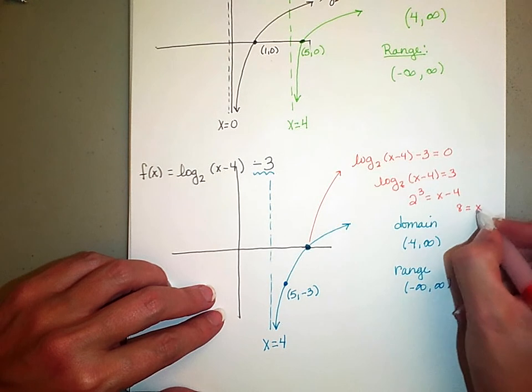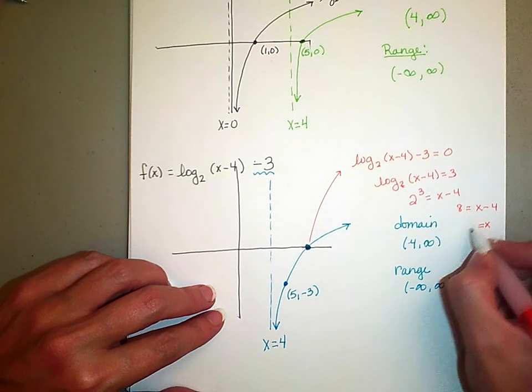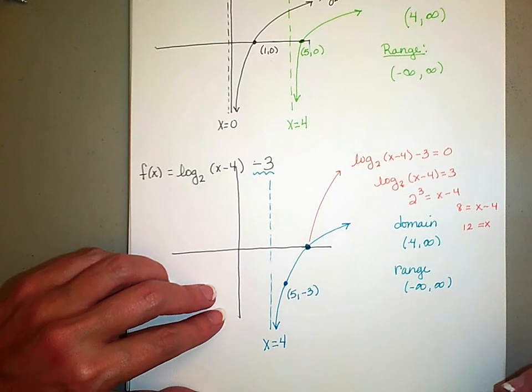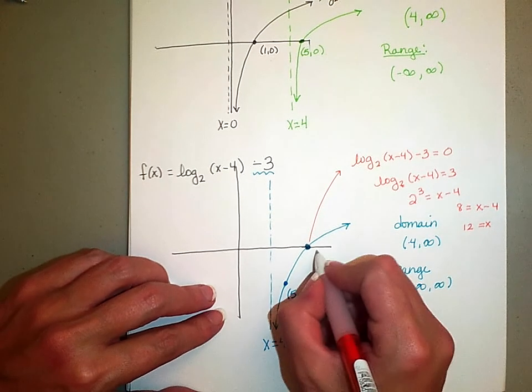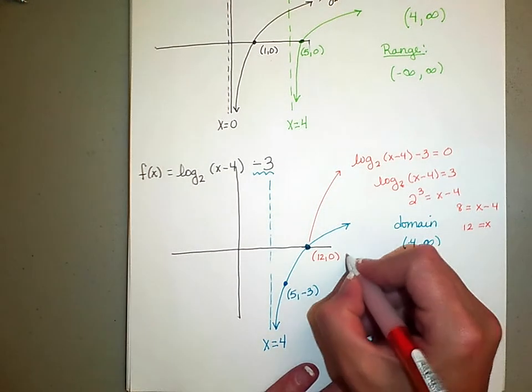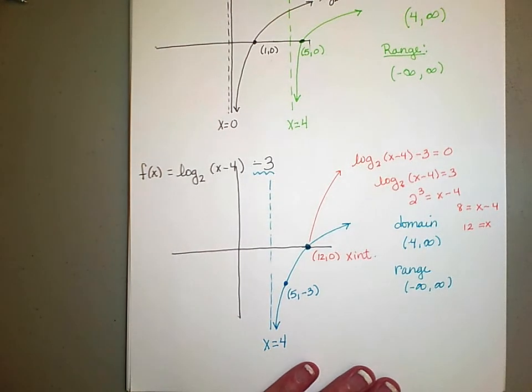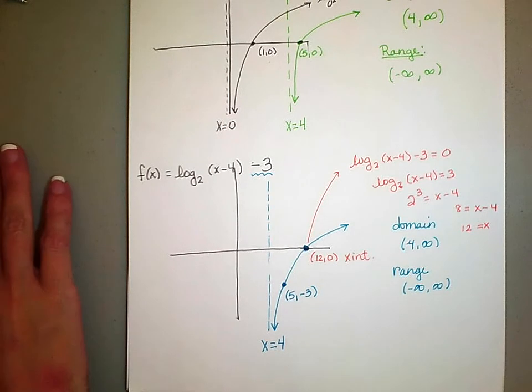Or that 8 is equal to x minus 4. So x is equal to, adding 4, 12. So this would be the point 12, 0. And this would be our x-intercept. So that's transformations. Let's try and do some other types of special logs.